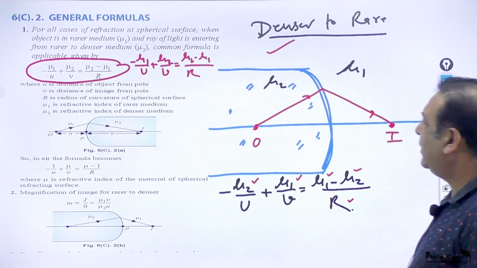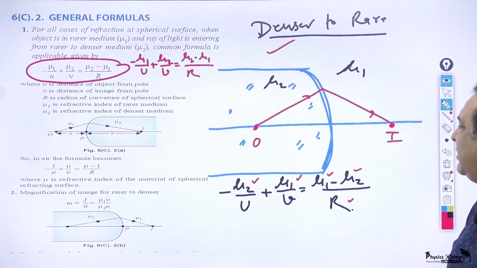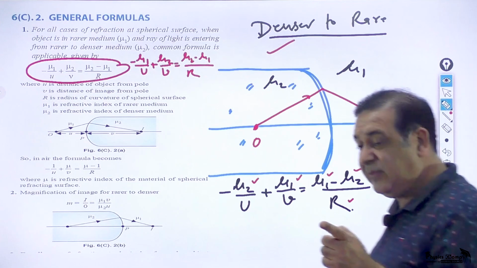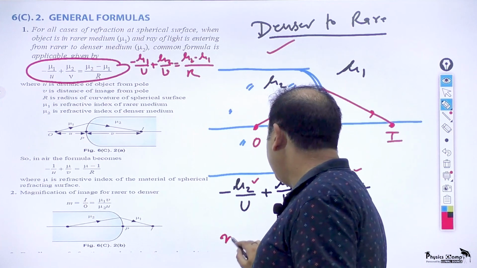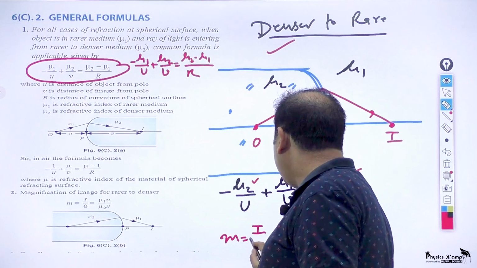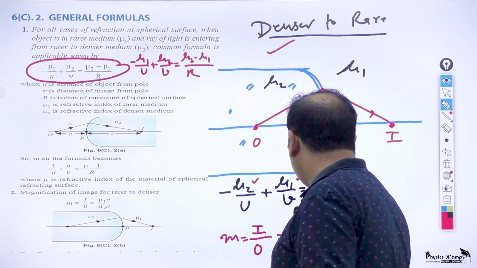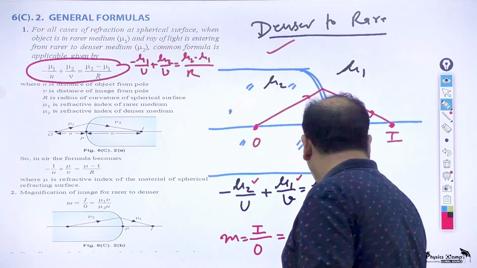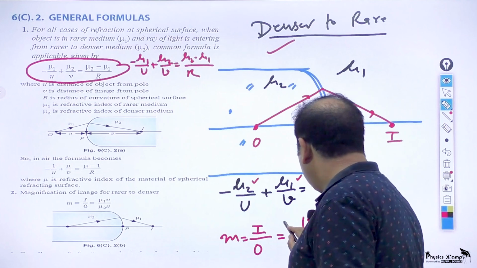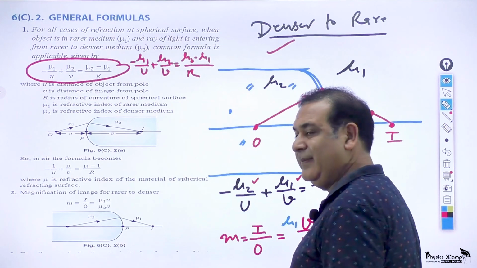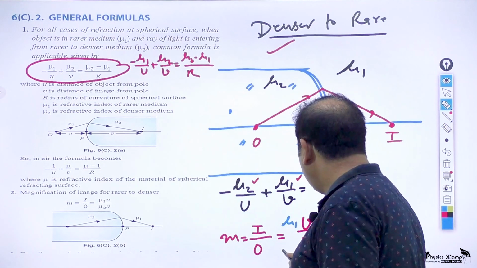So that's how you can see for denser to rare, magnification भी उसी तरह से change हो जाएगा. Magnification is I by O is equal to V by U. But this time, this is mu1 V by mu2 U.